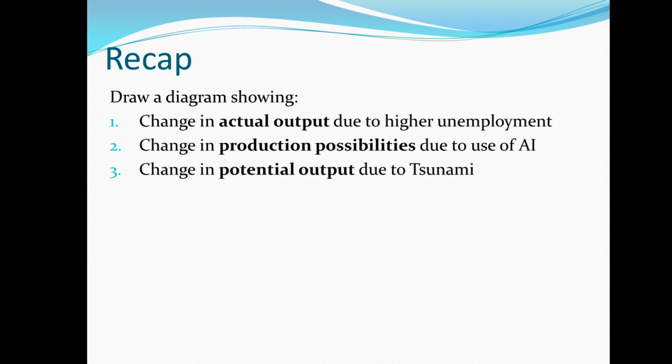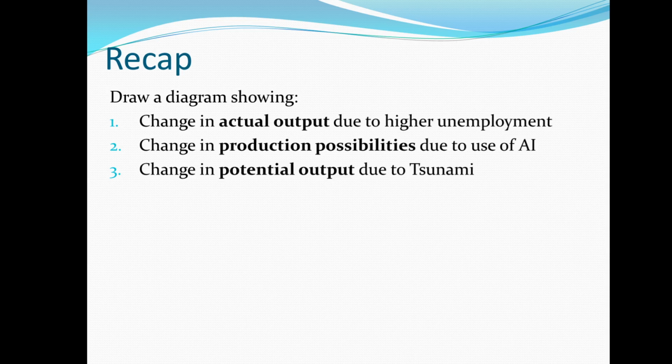I'm not going to ask you to draw it because it's kind of simple, you just have to tell me how you draw it. Point shifts inwards. That's very good, Andrew. So that's how you explain number one using PPC.